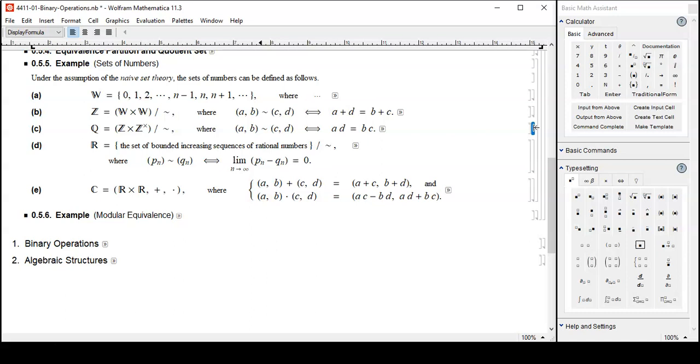And then another buildup will create the set of real numbers. This time, just considering a pair will not do. We have to get an infinite sequence of rational numbers with some condition.